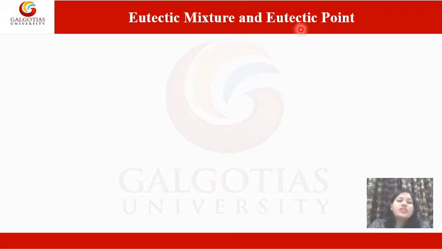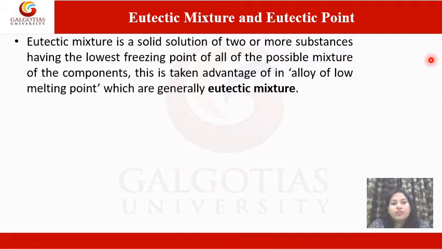Now, let us discuss eutectic mixture and eutectic point. Eutectic mixture is a solid solution of two or more substances having the lowest freezing point of all the possible mixtures of the components. This is taken advantage of in an alloy of low melting point, which is generally a eutectic mixture.